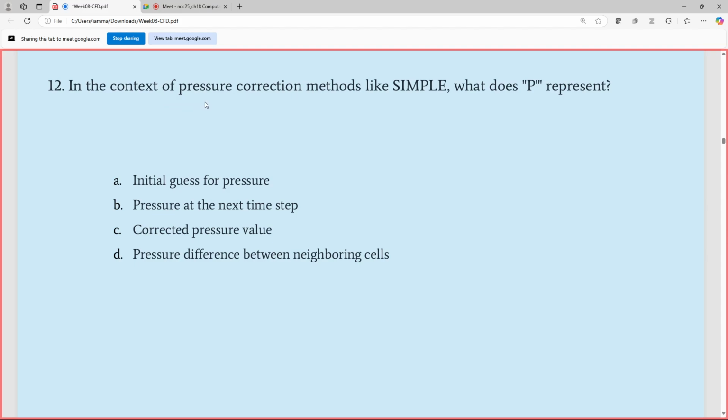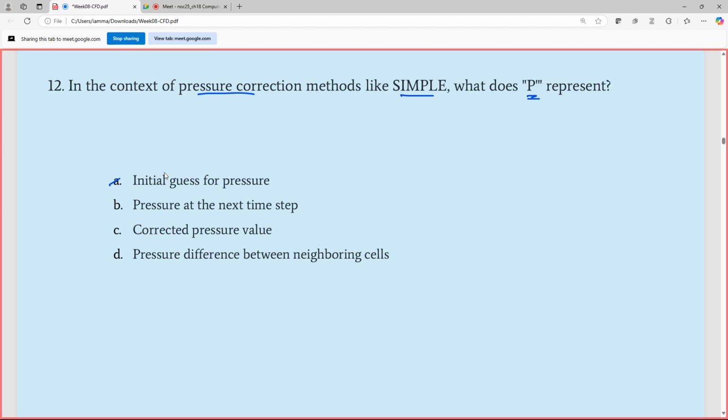Next question. In the context of pressure correction methods like SIMPLE, it's a name of an algorithm, the SIMPLE algorithm. What does the P represent? What is the P in the SIMPLE algorithm that is being used in CFD?